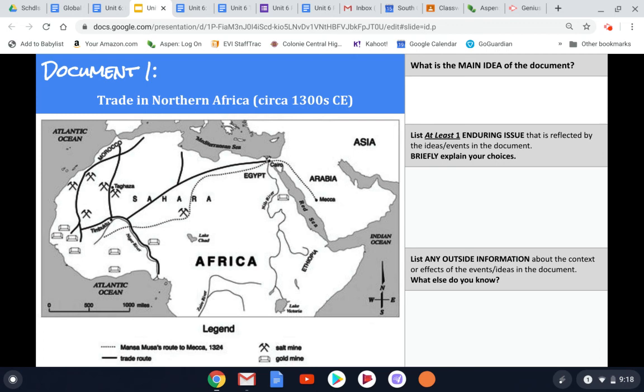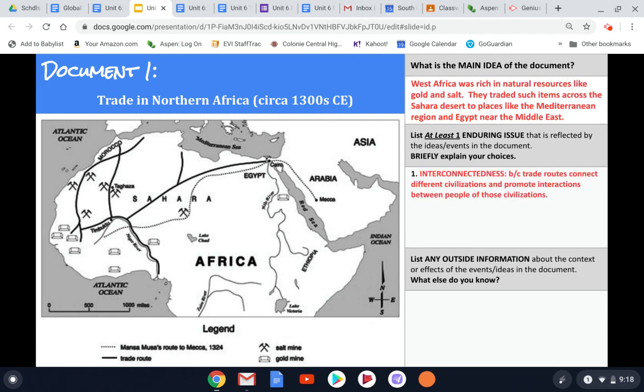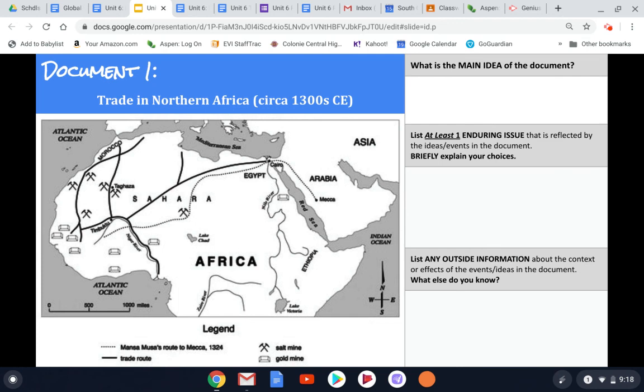And it is showing us a couple of labels on the bottom. On the legend, which is also sometimes called a key, it's telling us what is labeled and what information is important. We have, in dotted lines, Mansa Musa's route to Mecca. We have trade routes, several of them, going through Timbuktu, down into the Atlantic Ocean, up through Morocco towards the Mediterranean Sea.